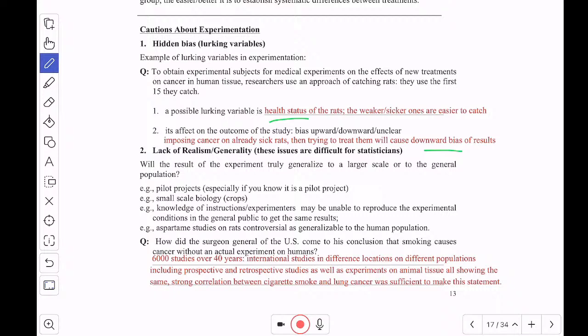Relying on the experimental conditions to be meaningful in a general or a different setting would have to be established.